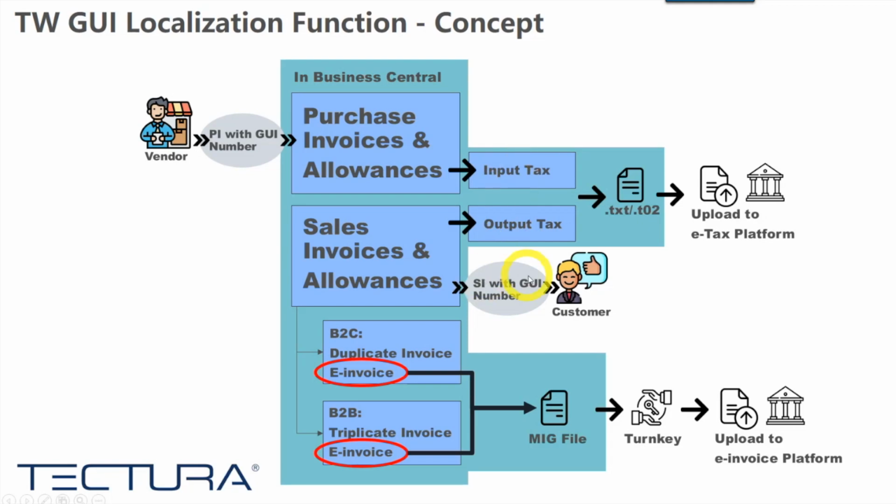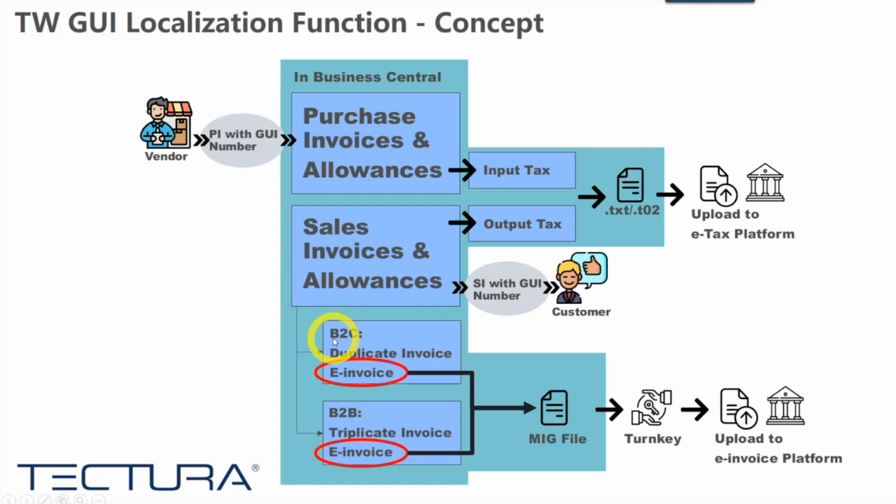When selling items to the customer, we will provide sales invoices and sales allowances. This is a bit different from the purchase processing, because in sales processing, we provide a GUI number ourselves. Normally we can have a duplicate invoice or triplicate invoice based on your transaction type.